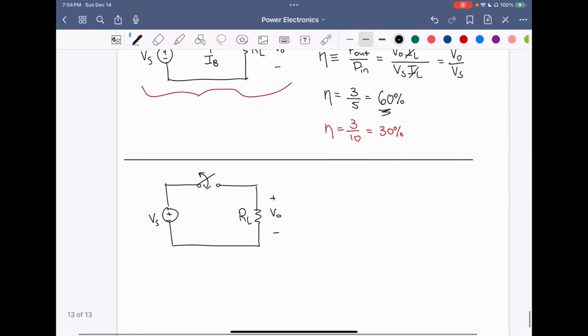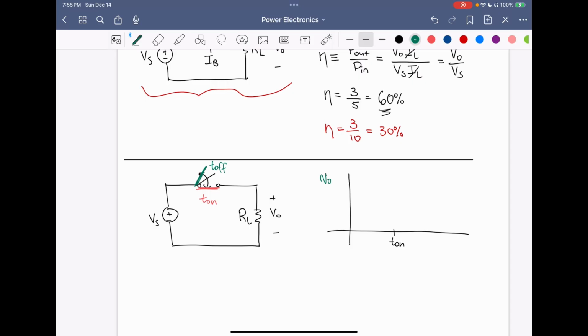Now, what we want to do is turn on this switch during the interval T on, and then we're going to turn off the switch during the interval T off. So when the switch is on, during the interval T on, our output voltage, which we desire, let's call the output voltage VO.